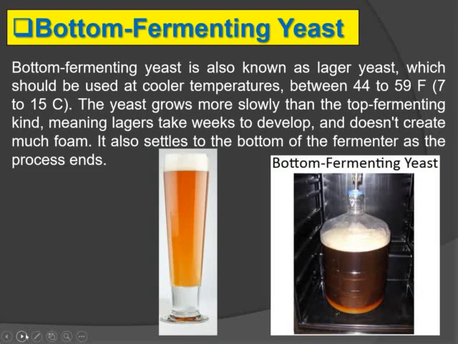Normally it works at a temperature between 44 to 59 degrees Fahrenheit, also 7 to 15 degrees Celsius. The yeast grows more slowly than the top fermenting kind, meaning lager takes a week to develop. It does not get much foam but settles to the bottom of the fermenter as the process ends. So this type of yeast is heavily used.